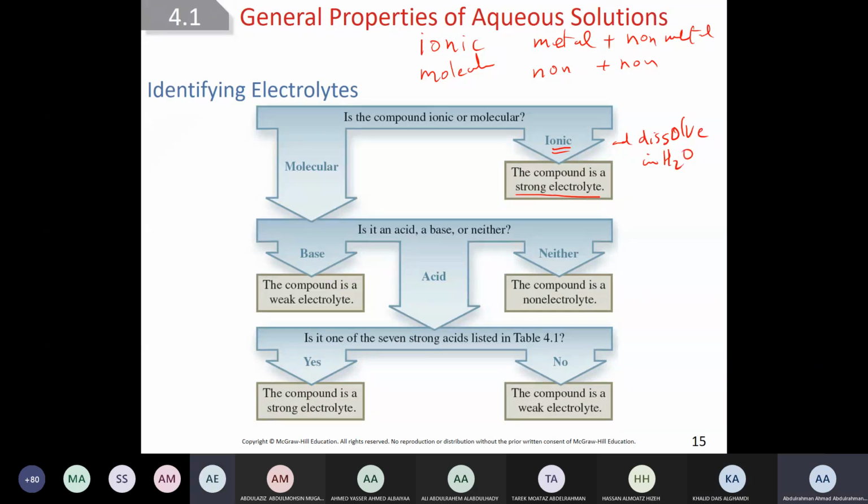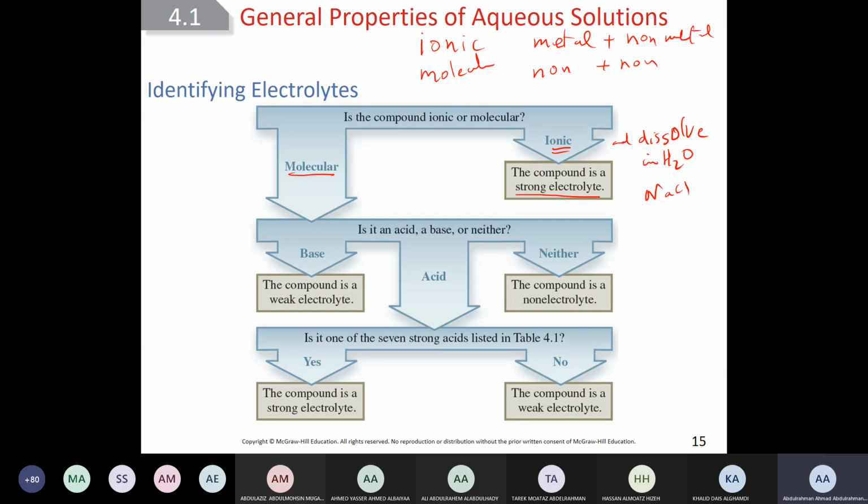Strong electrolyte. Like HCl, is it strong electrolyte or weak electrolyte? Strong. Okay. Then if it is molecular, ask yourself, is it acid or base? Molecular means non-metal with non-metal. Don't talk about other bases like NaOH.